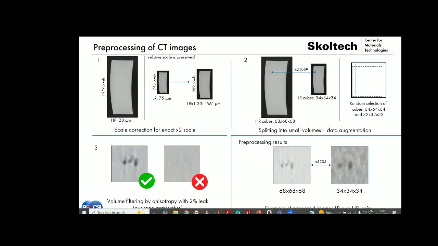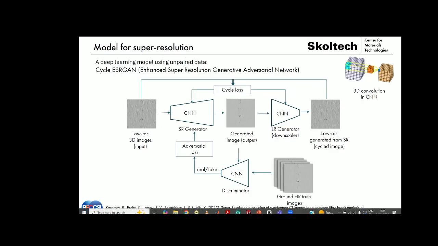So this is pre-processing. After that, we did scale correction, split it into small volumes to fit into the neural network, and filtered by anisotropy. Here is an example of our training dataset. We had around 5,000 samples to train the model on. And here is the model. It consists of a generator, which is the model that does all the work.